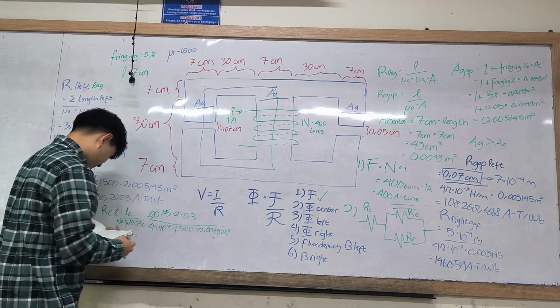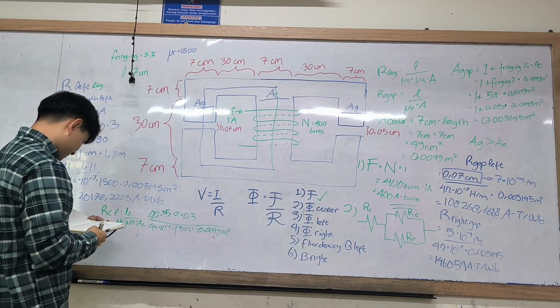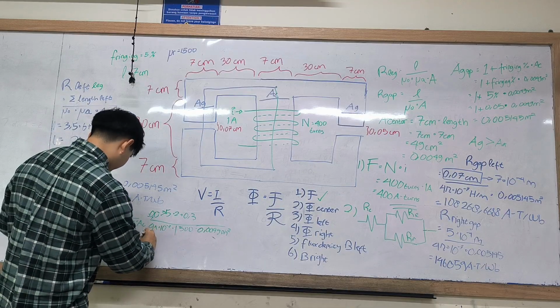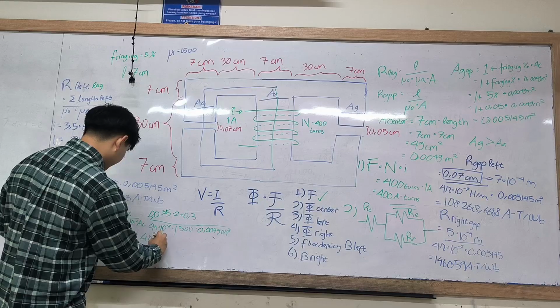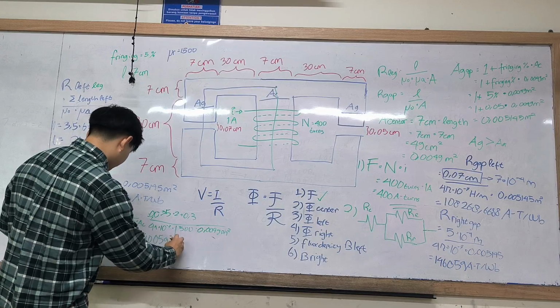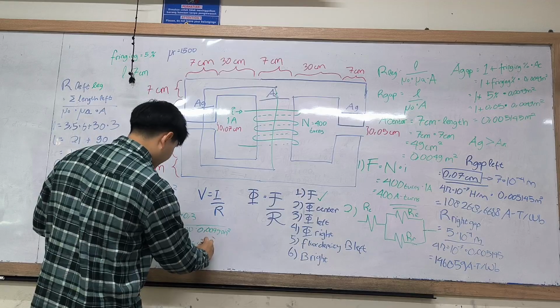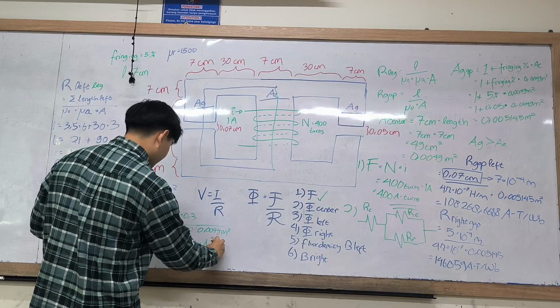The result would be 40,059,4074 ampere turns per Weber.